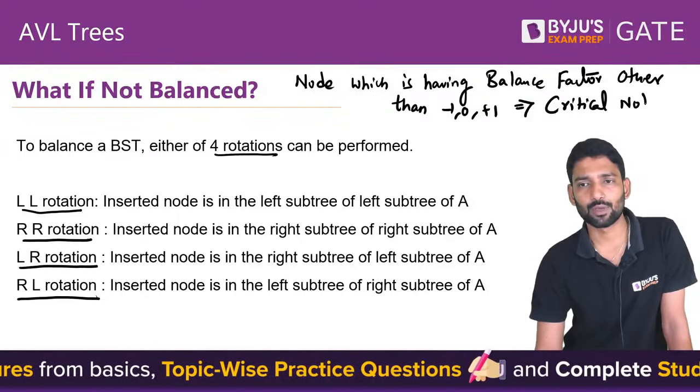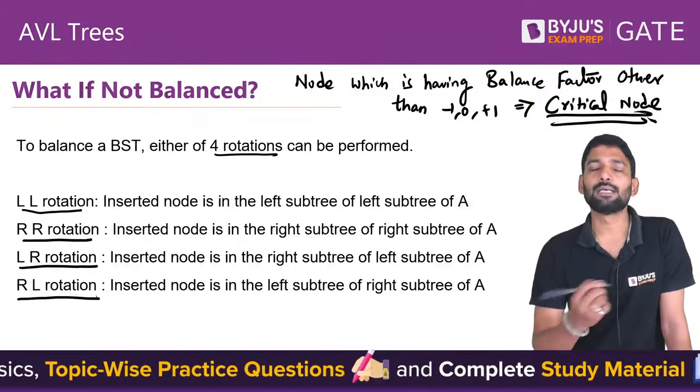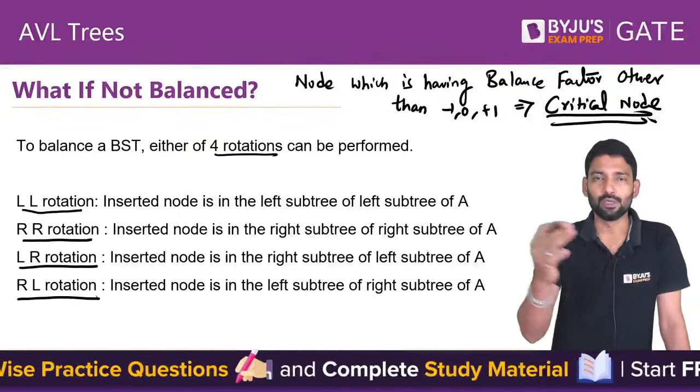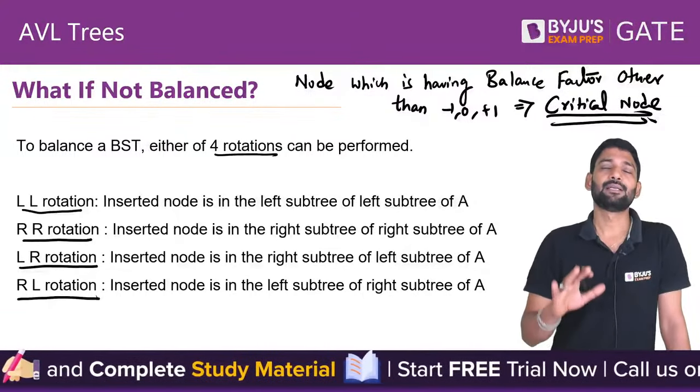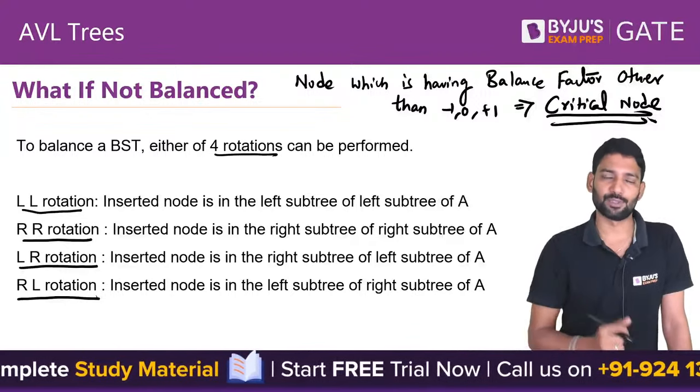So an imbalanced node is called a critical node. In the further discussion, when I use the term critical node, please understand that it is an imbalanced node.